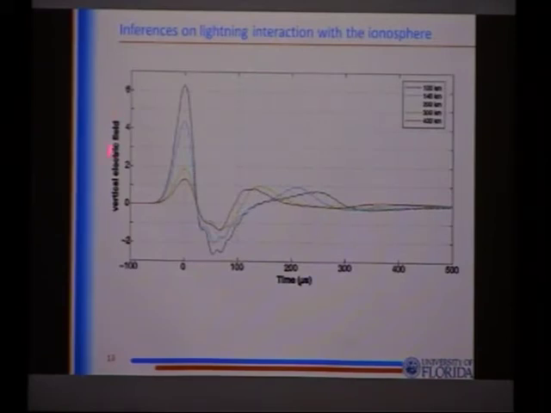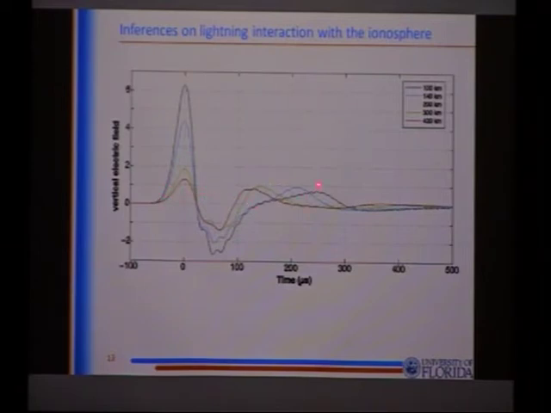This is again vertical electric field waveform, model calculations, 600 microseconds across, and calculations were done for different distances, ranging from 100 kilometers to 400 kilometers, from black to red. And the initial half cycle waveforms were aligned, placed at the same time.